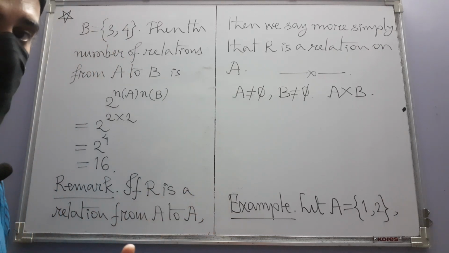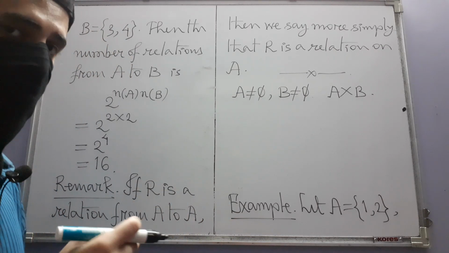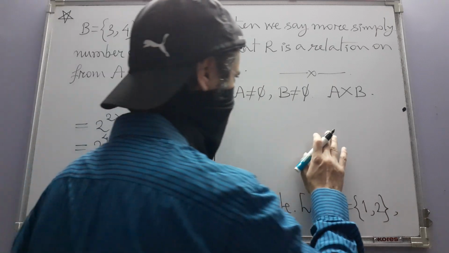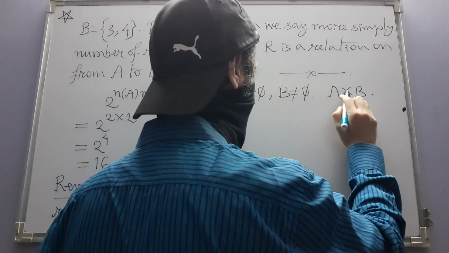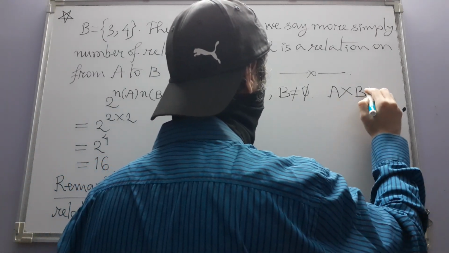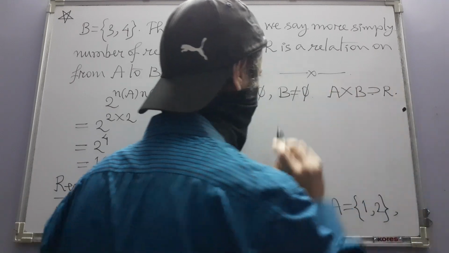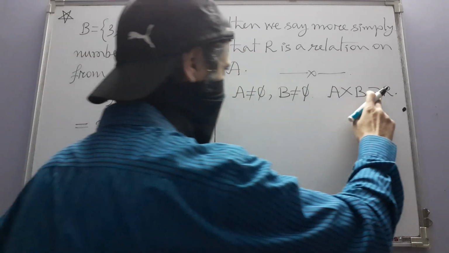A and B may be infinite, one of them may be finite and another infinite, all possibilities are there, but they are non-empty. Now, any subset of A times B is a relation by definition.